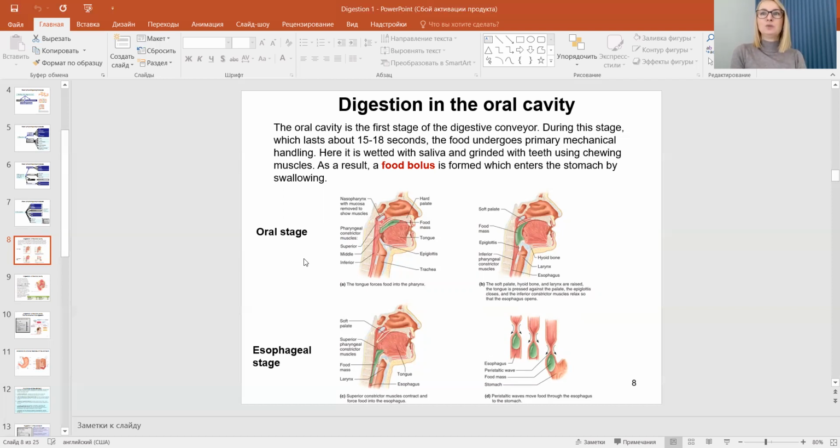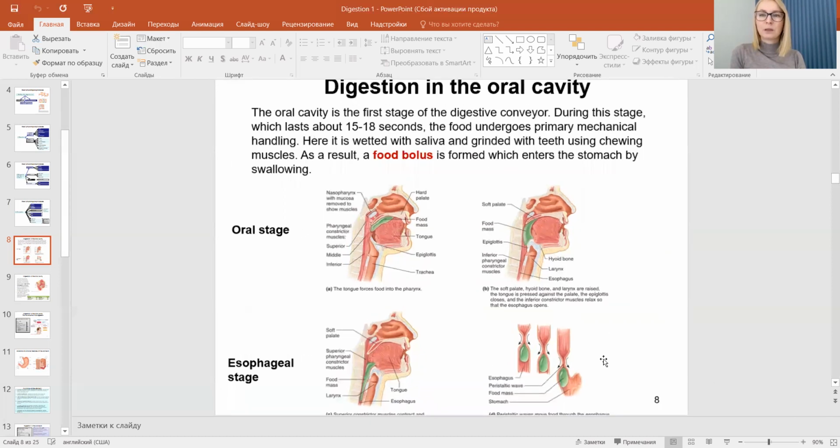All of this is managed by the following coordinated activities. First, the position of the tongue against the hard palate keeps food from re-entering the mouth during swallowing. Second, the uvula is elevated and lodges against the back of the throat, sealing off the nasal passage from the pharynx so that the food does not enter the nose.